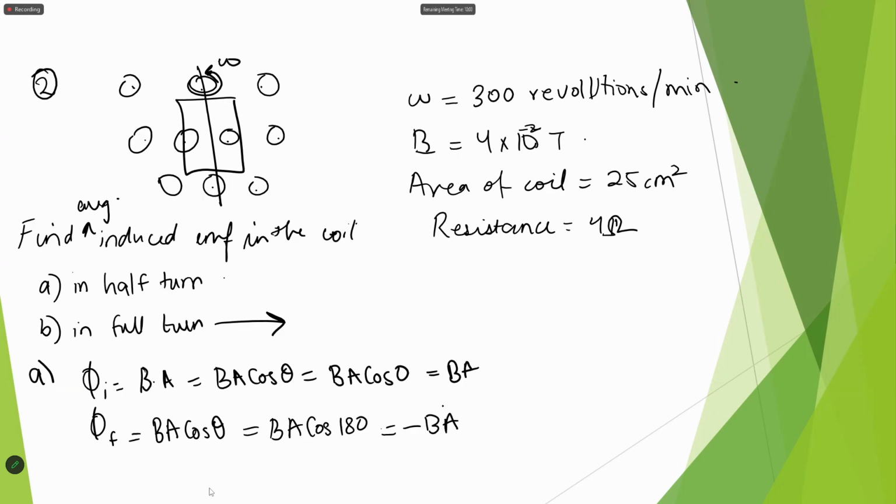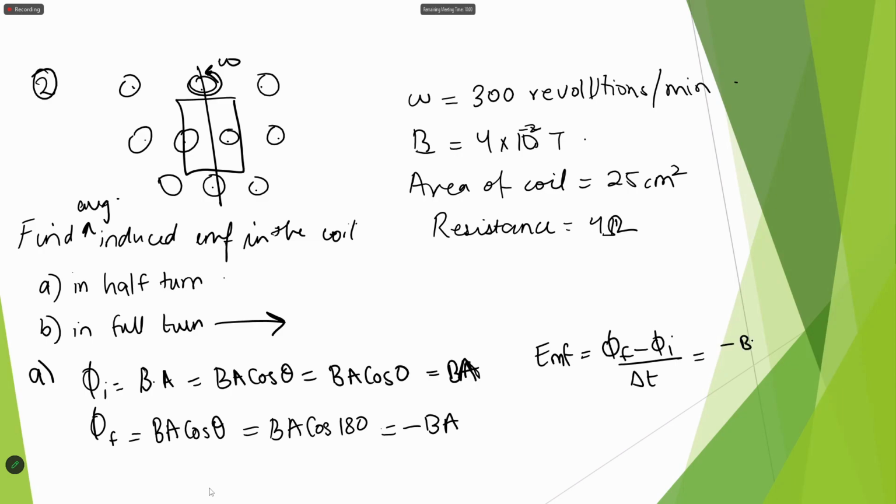Now you understand why in full turn it became 0? Because when you do the plus and minus, it will go to 0. One is positive flux and one is negative flux. You get it? Okay. Now in half turn, when I ask you to give me the average EMF, it will be equal to flux final minus flux initial divided by delta T. You already found the flux final and flux initial.